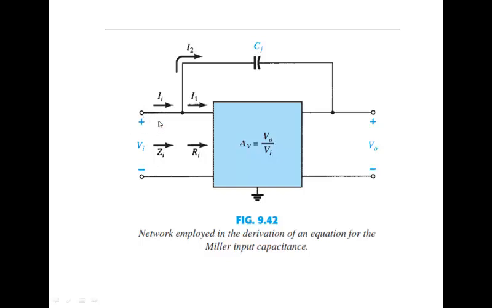So when I look from this port, the input impedance from this port is Z in, where Z in is equal to V in over I in. Similarly, when I look from this point, the resistance that is offered is R in, where R in would be equal to V in voltage here divided by the current into this terminal in this port.